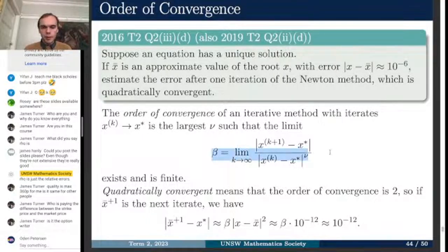And we write it in this form, formally, but the idea here is that the error of the next guess after k is going to be approximated by some coefficient beta, which is just fixed, times some polynomial of the previous error.